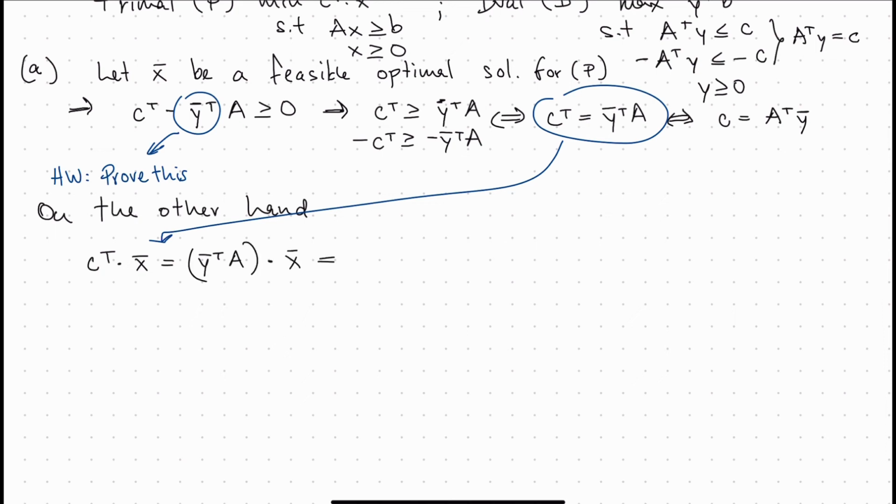Let's associate this term, so it's y transpose A x bar, and as x bar is an optimal feasible solution for the primal, this is equal to y transpose dot product b, and therefore y bar solves the dual problem.